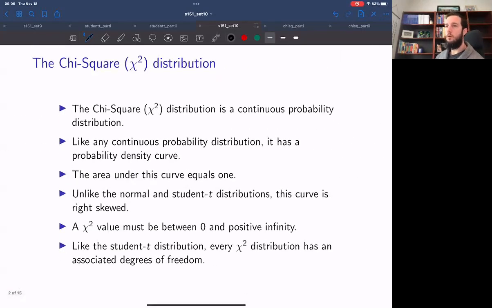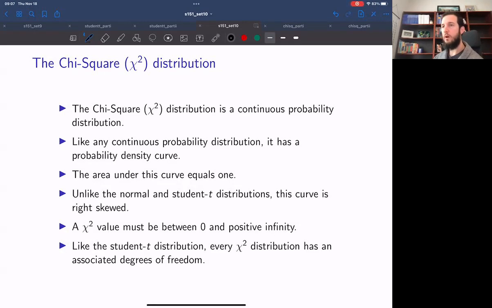Okay, so the chi-square distribution is a continuous probability distribution. So it's the same type of distribution as the normal and the t. However, the chi-square distribution is a right-skewed distribution, so it only exists for positive values. So the lowest value a chi-square random variable can take on is 0, and the highest value it can take on is positive infinity.